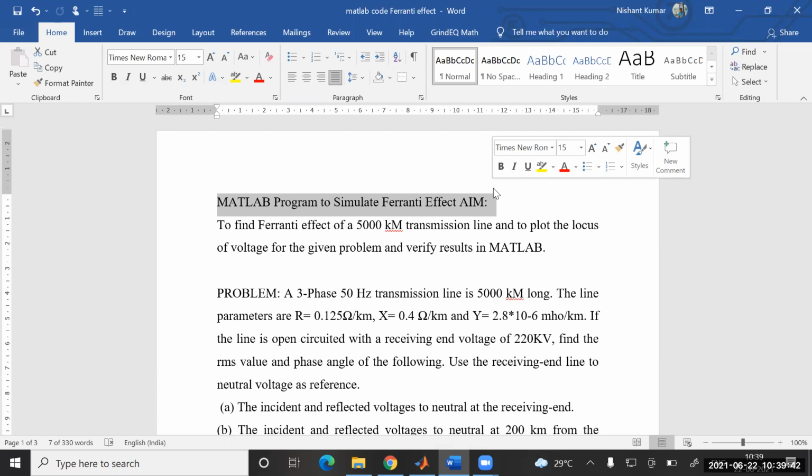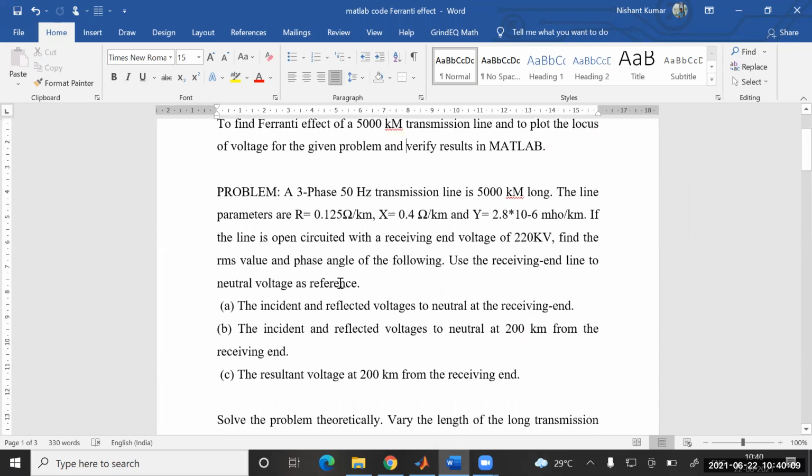Now, if the line is open circuited with a receiving end voltage of 220 kV, find the RMS value and phase angle of the following. Use the receiving end line to neutral voltage as a reference.